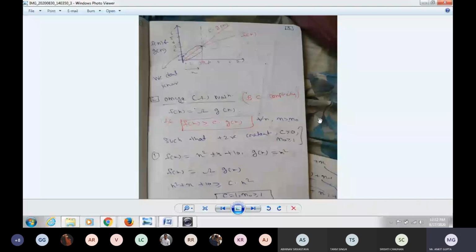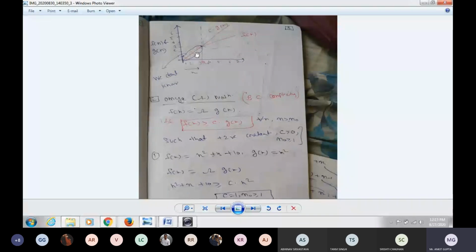Okay, so can I draw the graph like that? On the y-axis, I can take f(n) and g(n), and on the x-axis, I can take n naught. Before n naught, whenever I do not get the value of n naught, I cannot comment on anything.